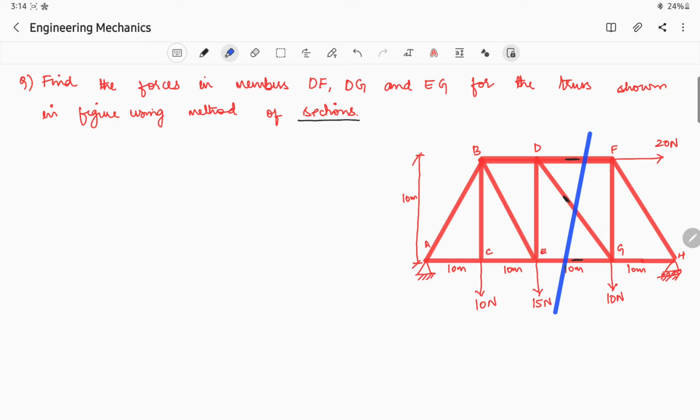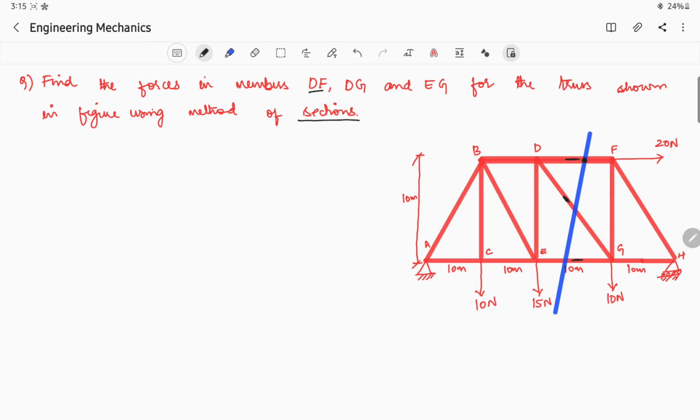The section should be taken in such a way that it cuts a minimum of 3 bars of the frame or truss. See here, I have cut member DF, which we want to calculate.